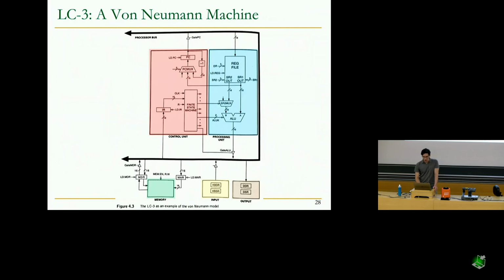This is a simplified picture, because we are starting with it, but you can already find several components that belong to the control unit, this pink area here. The blue part is the processing unit, and recall that in the processing unit we have the ALU and the register file. You can already find them here. Here we have a memory, and here we have input and output.